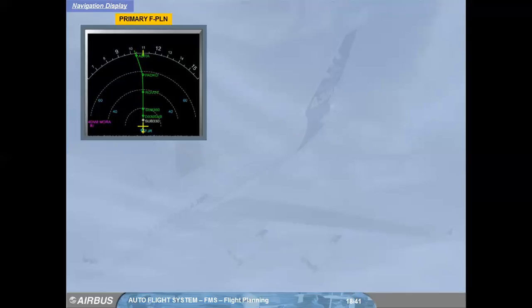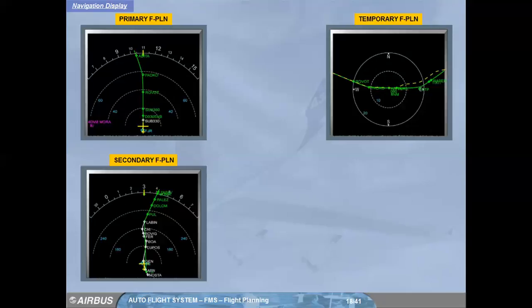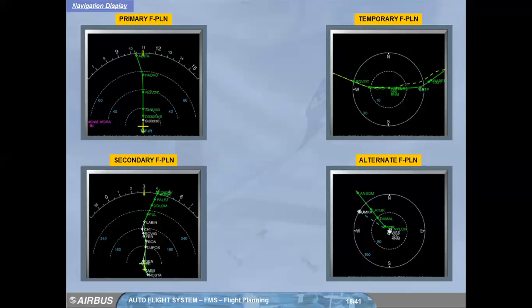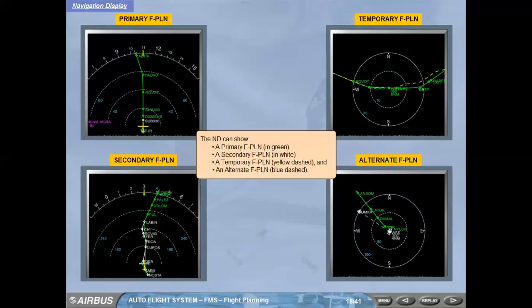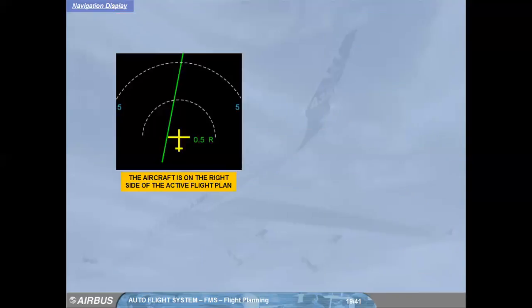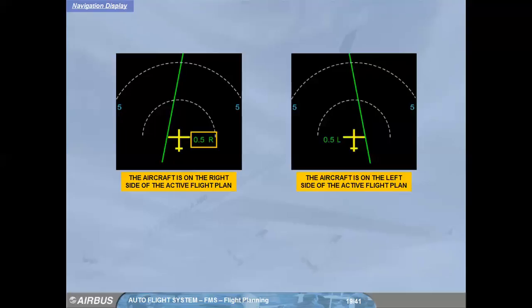The MFD can show a primary flight plan, in green, a secondary flight plan, in white, a temporary flight plan, yellow dashed, and an alternate flight plan, blue dashed. The MFD shows other FMS data such as cross-track error, which indicates the lateral deviation of the aircraft in nautical miles from the active flight plan.